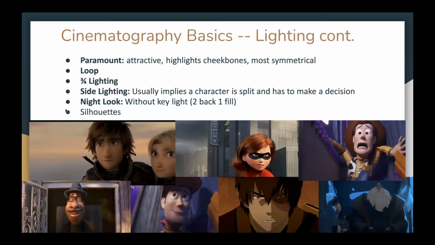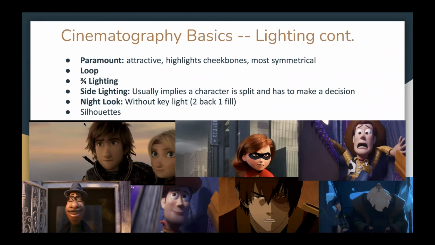And then this night look, again, this is more for 3D and not so much traditional animation. But fun fact about Klaus is that they actually used 3D lighting techniques to light their film. Even though it's a 2D animated movie, they use a lot of 3D techniques. So how you get that is you get no key, but there are 2 backs and a fill, which creates that dark effect.